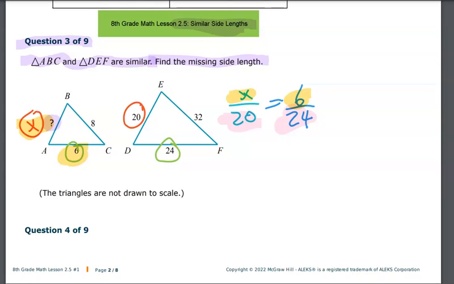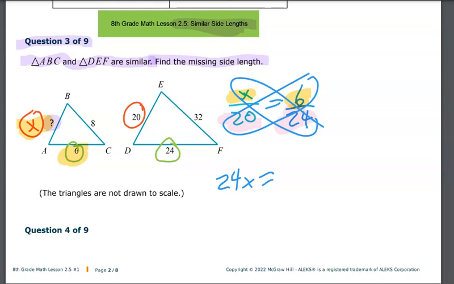From here, I simply cross multiply and divide. I'm first going to do x times 24, so I get 24x equals 20 times 6, and that is 120.